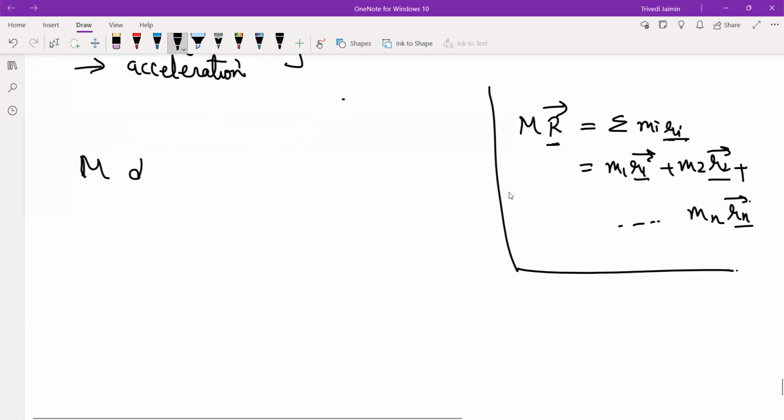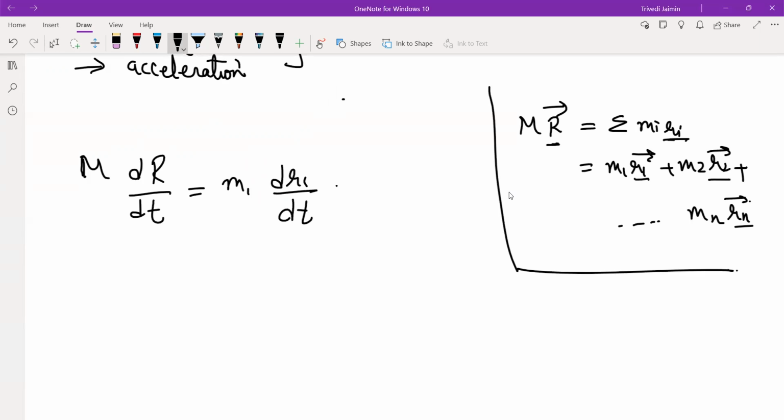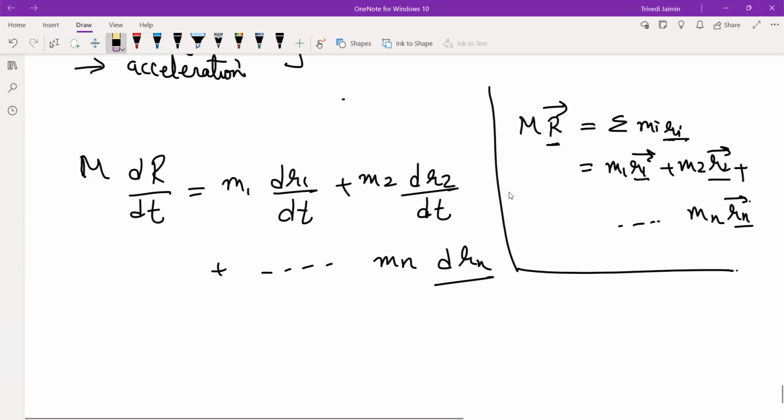So dr by dt equals m1 dr1 by dt plus, in a similar way, m2 dr2 by dt, and so on till mn drn by dt. Don't take this as multiplication, this is just a subscript.